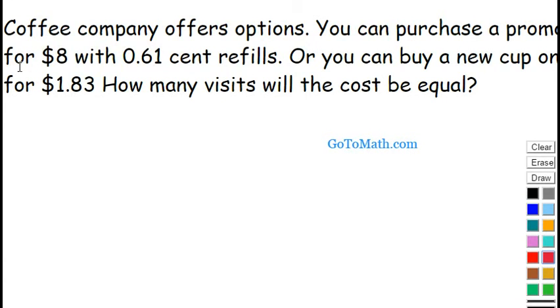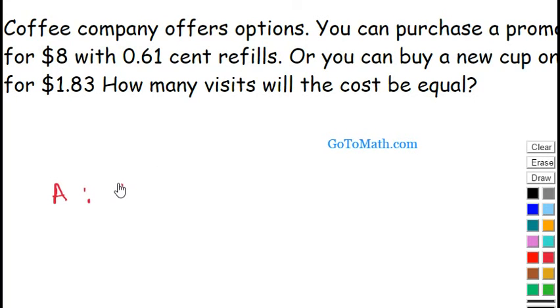So, let's write the formula out here for the cost of option A. It's just one coffee. Option A is they've got a promotional cup. You can buy the cup for $8, right?